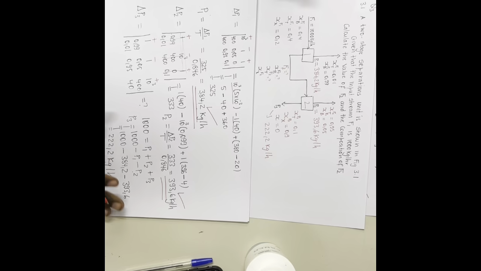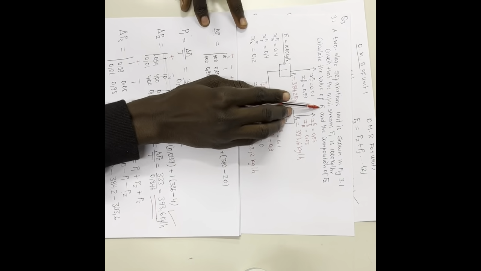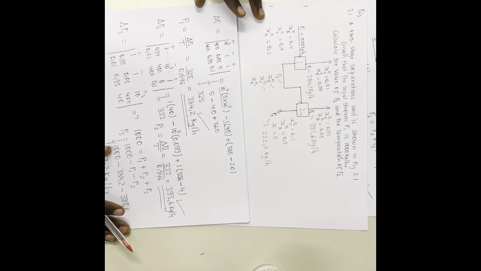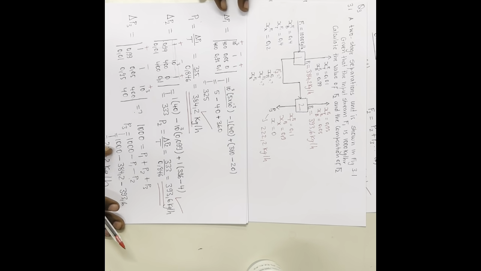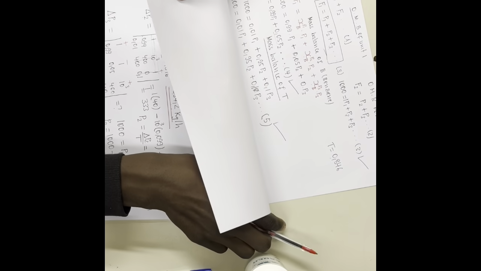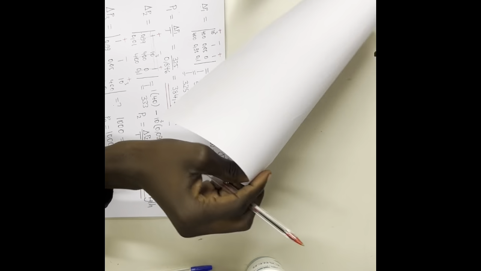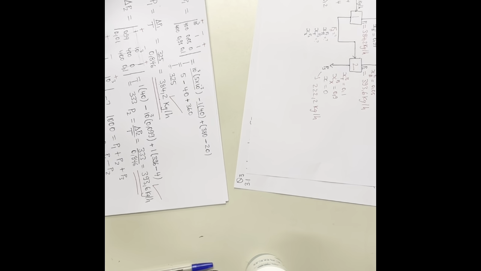Now guys, check. The question was what? The question was to find the value of F2 and its composition. So F2, how can we find F2? Now check in the question we already wrote down. Let's see how we can find this value.